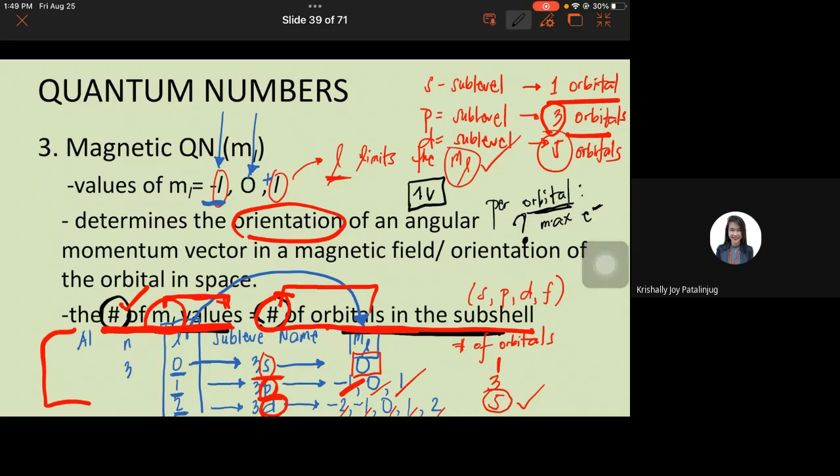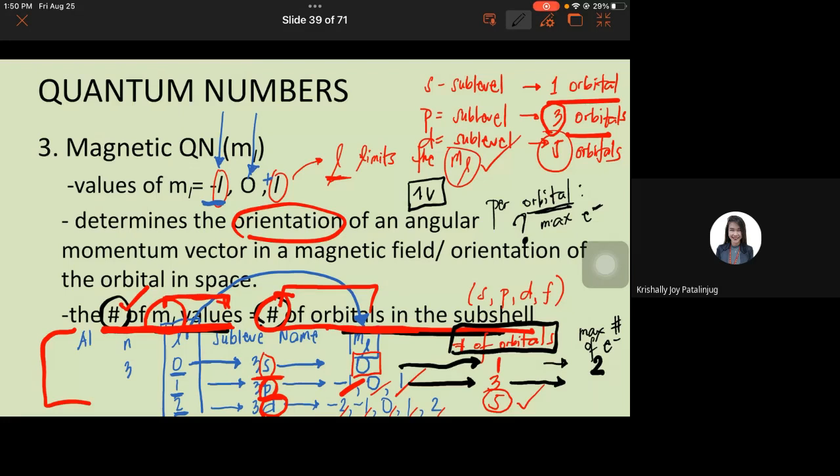Now, if we add a column here for the maximum number of electrons that could be occupied for each sublevel, for S, this one, a total of 2. You continue. For P, there are 3 orbitals, so how many maximum electrons?